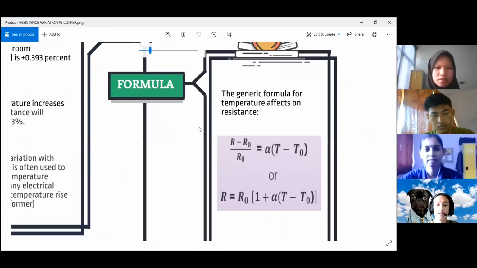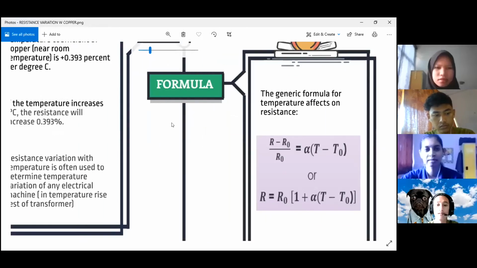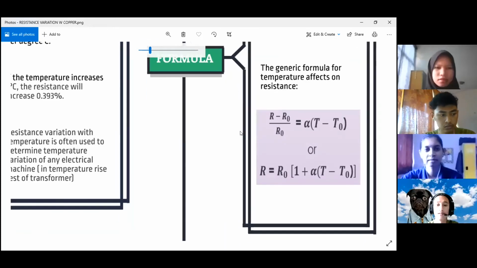This is the formula we use to find resistance variation with temperature. Even for copper, we still use the same formula. This one is the formula to find the resistance with temperature for copper, where R is the conductor resistance at temperature T, and R0 is the conductor resistance at 20 degrees Celsius, for my topic it is copper.